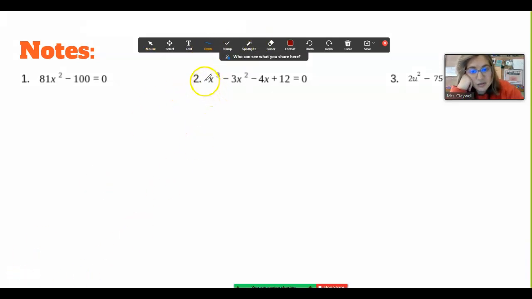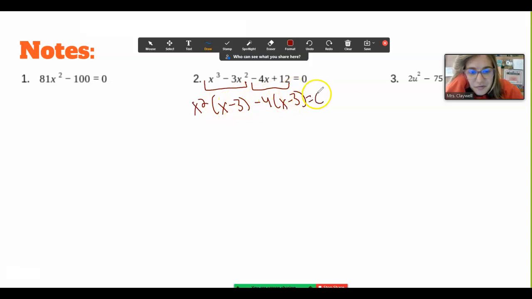So the second one, I'm going to do factor by grouping. I have 4 terms. I'm going to pull out an x squared. I'm going to pull out a negative 4. I have my matching factors and my leftovers.